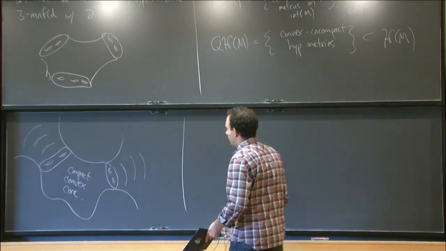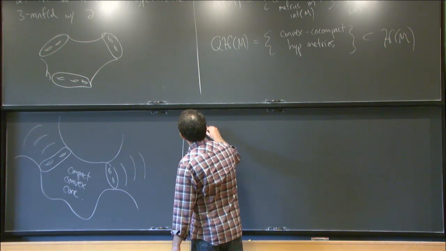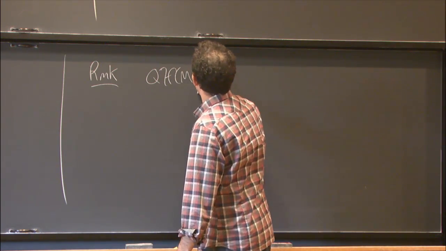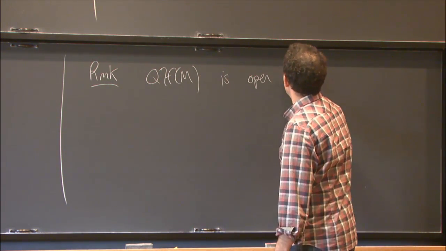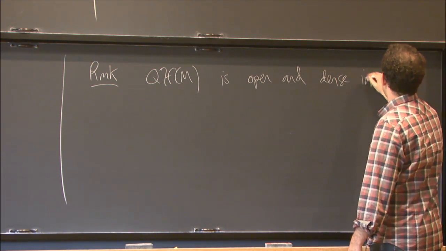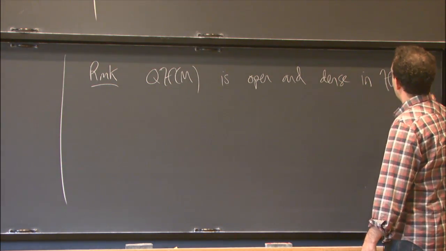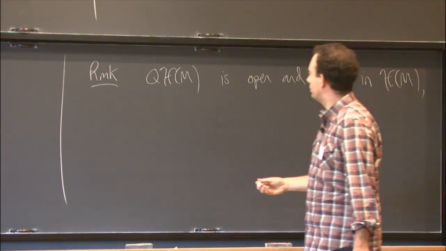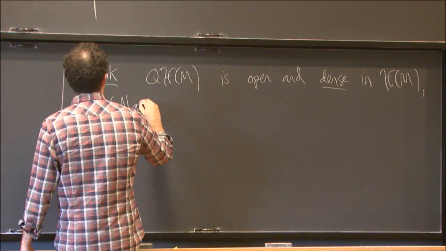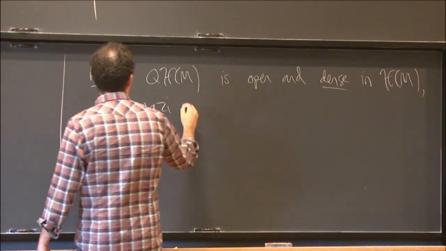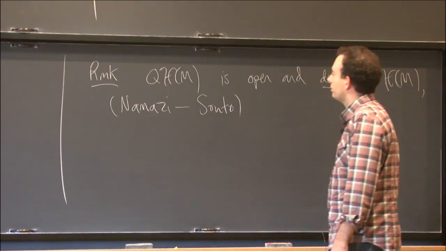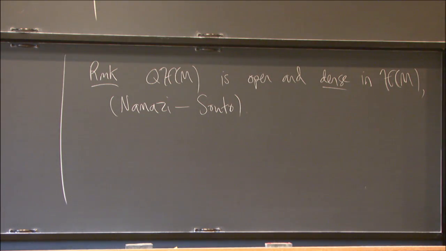So just one remark: this QH of M is open and dense in H of M, where the density here is from the Bers-Sullivan-Thurston density conjecture proved by Namazi-Souto.